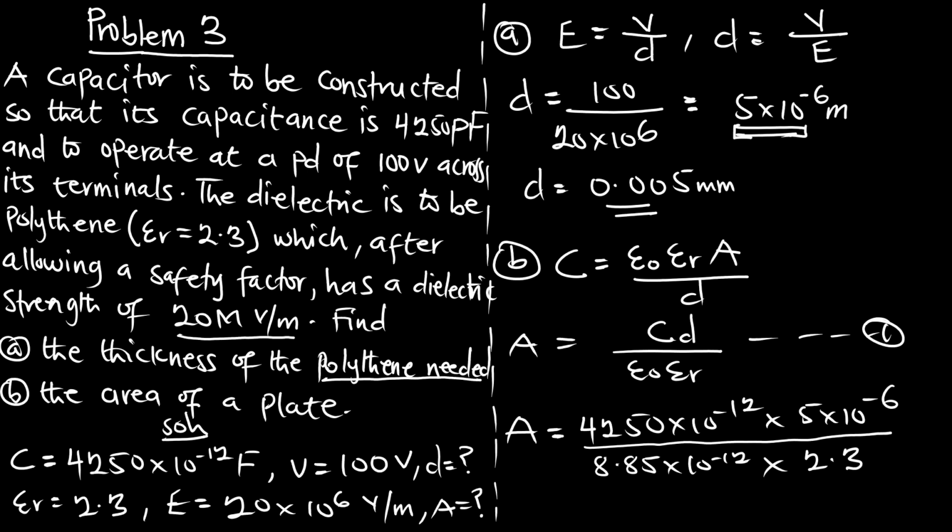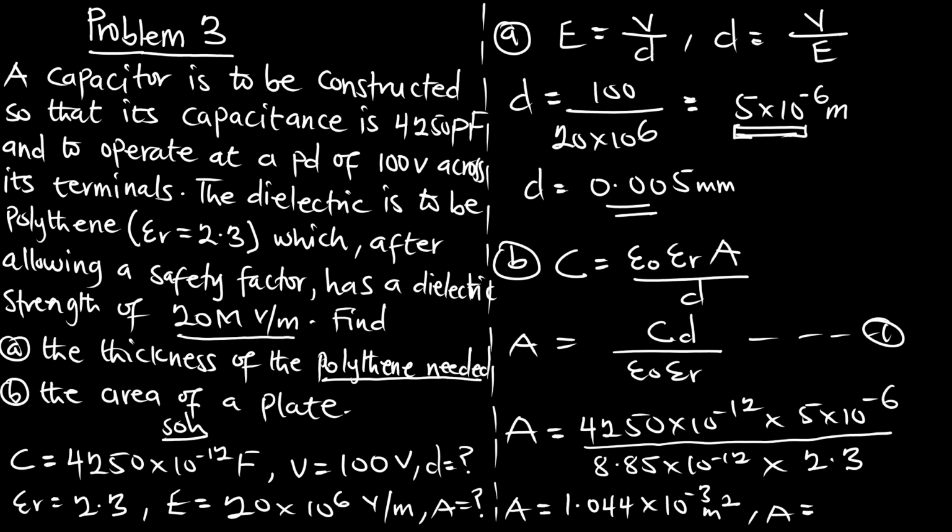And with this, if you punch it on your calculator, you are going to get your area in terms of meters as 1.044 times 10 to the power negative 3 meter square. Now, if you want to convert this to millimeters, you are going to multiply it by 1000 square.